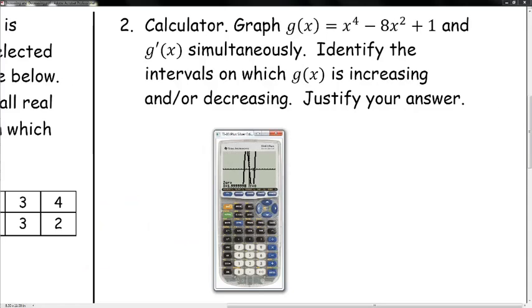So from negative infinity to negative 2, my function is decreasing.